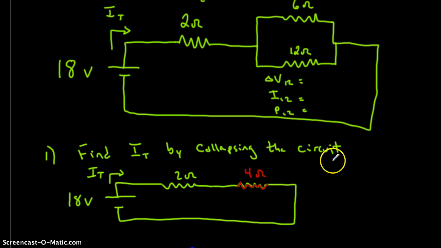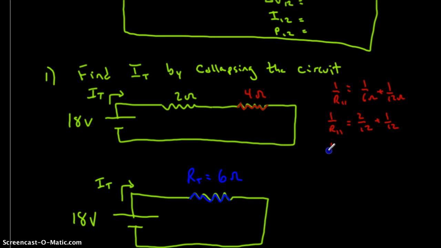We know from our parallel relationship that 1 over the parallel branch would be 1 over our 6 ohm and 1 over our 12 ohm resistor. So if we keep working with that, this is the same as 2/12 plus 1/12, or what we would get for our sum here is going to be 3/12.